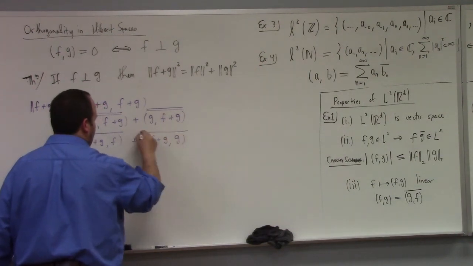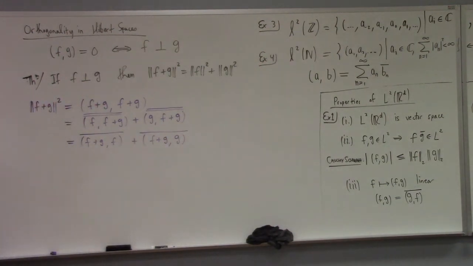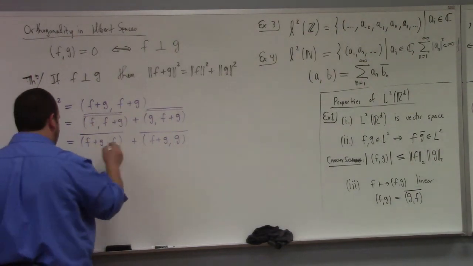If we were spending more time, I would have derived additivity in the second slot and just used it. But since I'm trying to give you a self-contained argument at the moment.